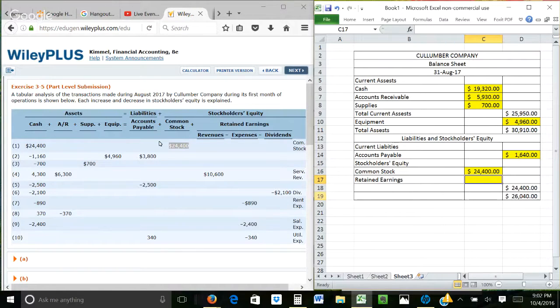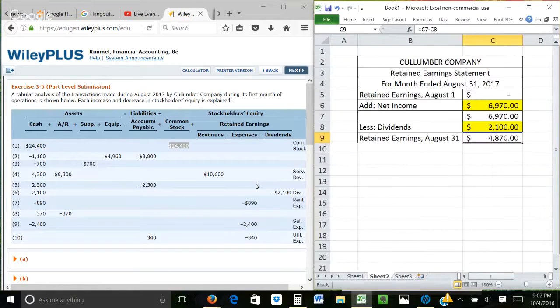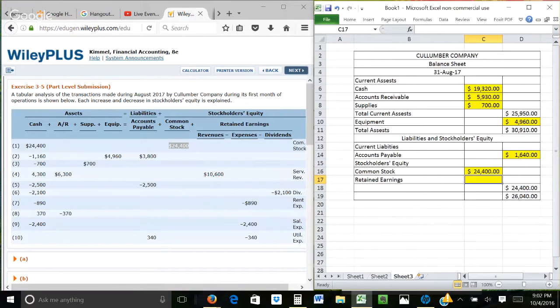And then the retained earnings, we had discovered in part B of this assignment or exercise that the retained earnings is going to be $4,870. So we can go ahead and insert that here in cell C17. And then we find that the total stockholders' equity is a total of $29,270.